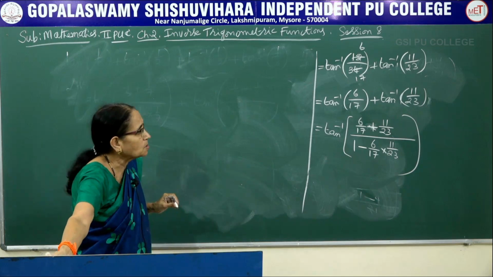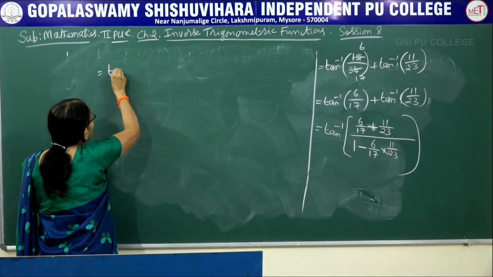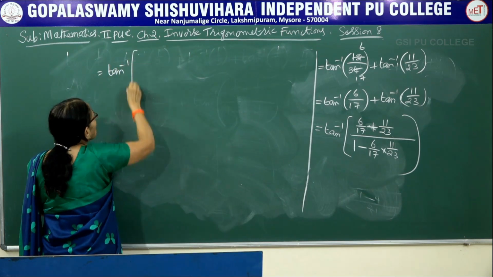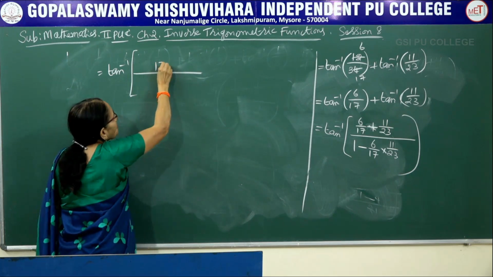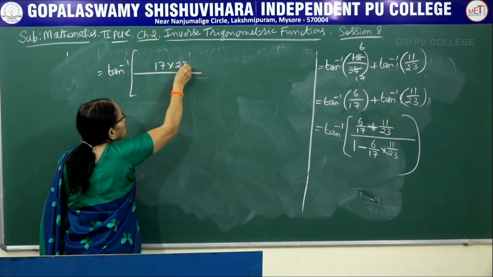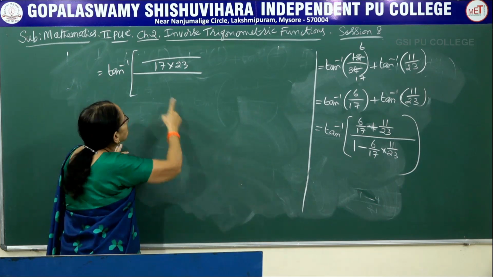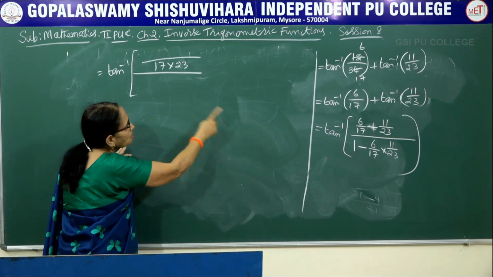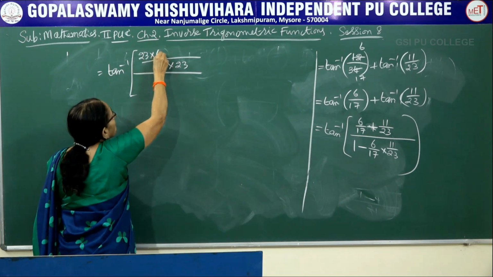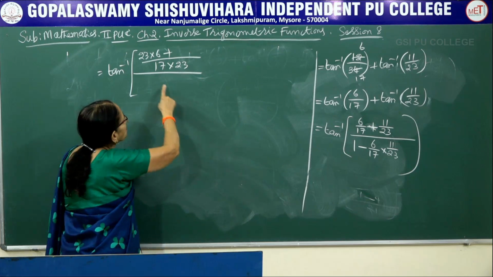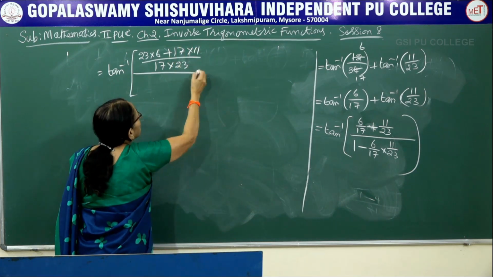Now be careful about the arithmetical calculation, because in this one the numbers given are a little bit bigger. The LCM for the numerator is 17 into 23, the product of the denominators. So it is 17 23 times you divide 23 into 6 plus 23 17 times 17 into 11.